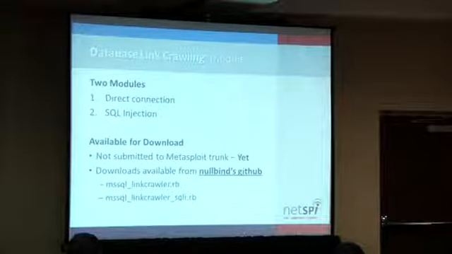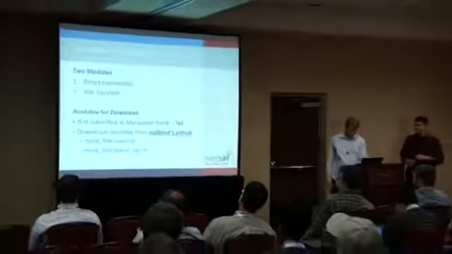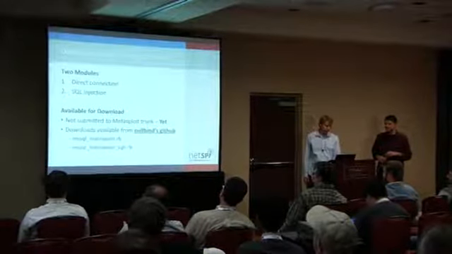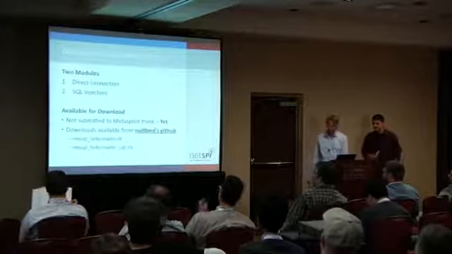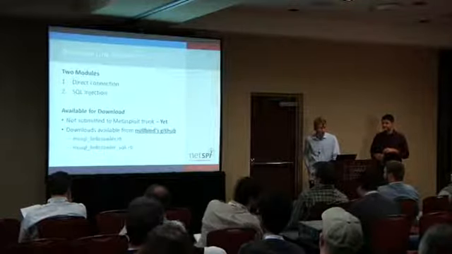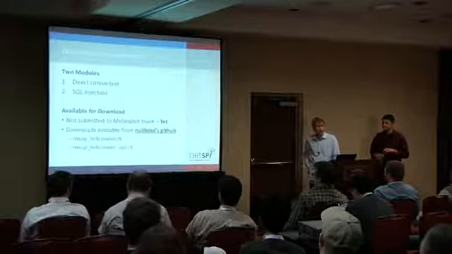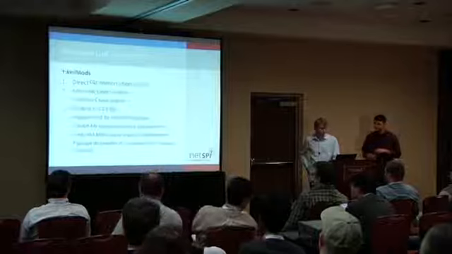It will crawl through all the links that it can find, check the permissions on all those links, and if there is a server or link with sysadmin privileges, it will then try to deploy a payload. These are available for download. They are not in the Metasploit trunk yet. They are on Scott's GitHub if someone wants them. We're going to submit them shortly, but depending on how many fixes we have to make, they should be in Metasploit soon.